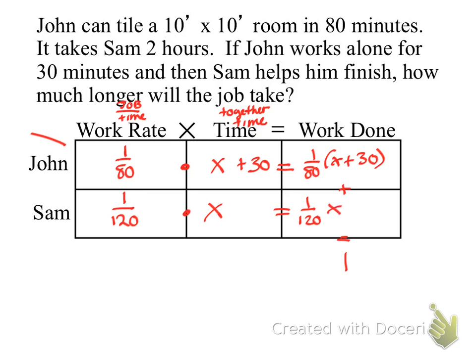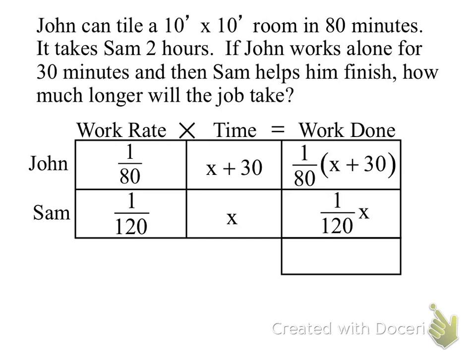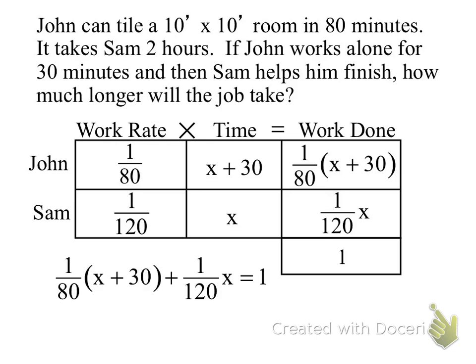Are you guys with me? Okay, and that's your equation, really, going up and down. Now, do you remember how to clear before we distribute? What do I have to do to clear before I distribute? What would be the least common denominator here? 240.